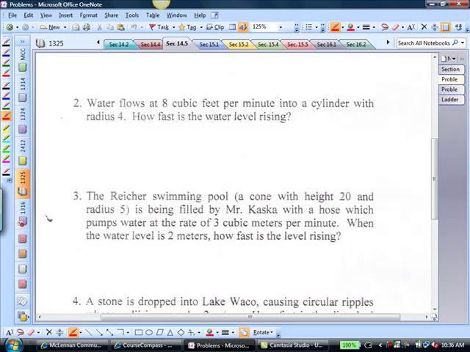And how fast is the level rising when the water level is 2? Those are the key items that you want to write down. If you did enough of these, a cone problem is really pretty prevalent in calculus. That's why I've thrown one in here.